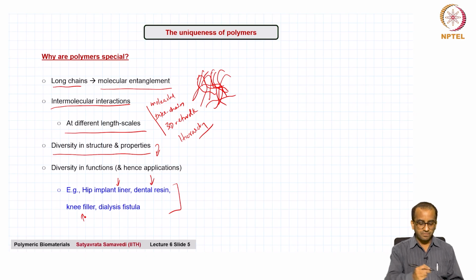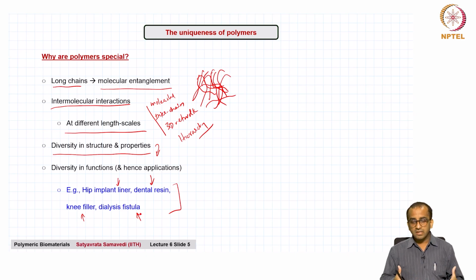Then this one is a hyaluronic acid, for example, used in patients to lubricate the knee for patients who are suffering from osteoarthritis. And that's a viscoelastic filler that provides lubrication that has been lost due to the onset of osteoarthritis. And then you can talk about a dialysis fistula for a vascular access graft made out of PTFE.